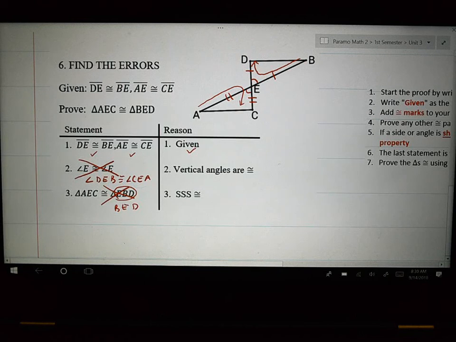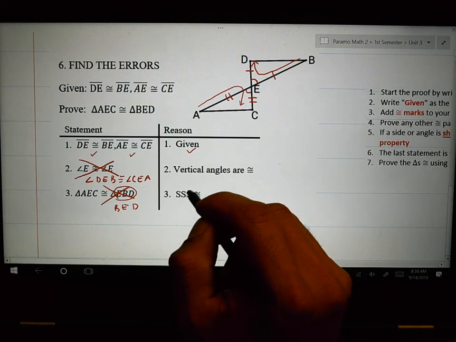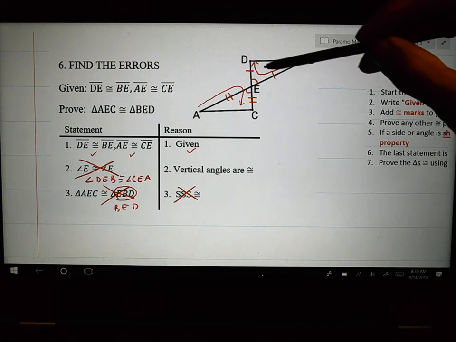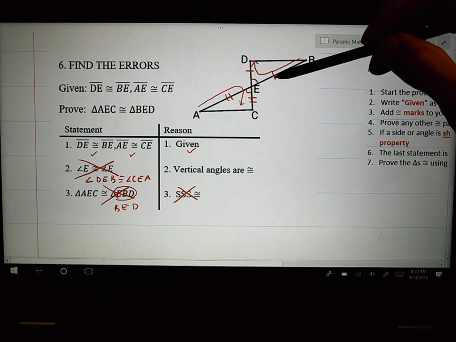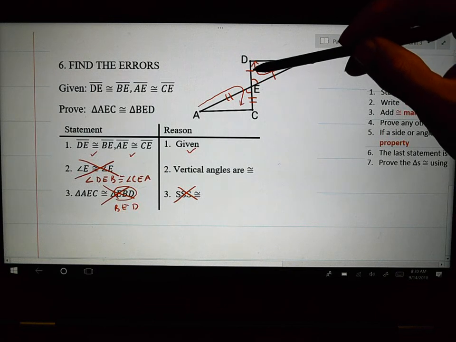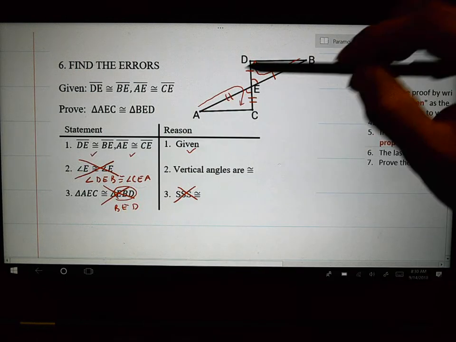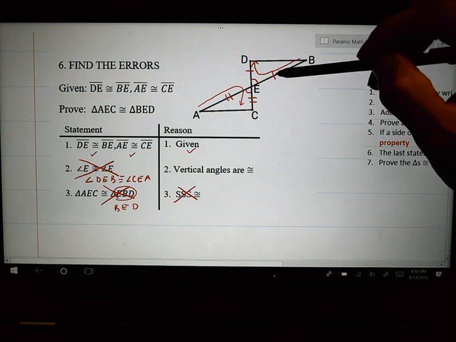The other mistake that I see is it can't be side. Some of you might think it's side angle side. But in actuality, do you see how this one is congruent to this? I don't know if this is the same length as this. They told me in the given information that this is the same as this.